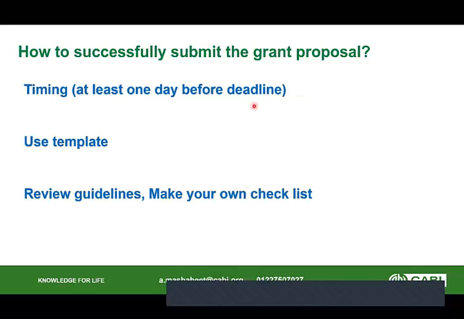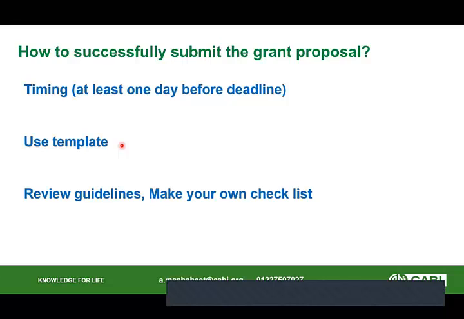Also, if there is a template for the proposal, you should make sure that you have used it, and you have used it appropriately. So it is important to take one last look at the template and compare it to what you have prepared, making sure that you have not overlooked any of the sections, or maybe by mistake deleted any of the components while writing the grant proposal.